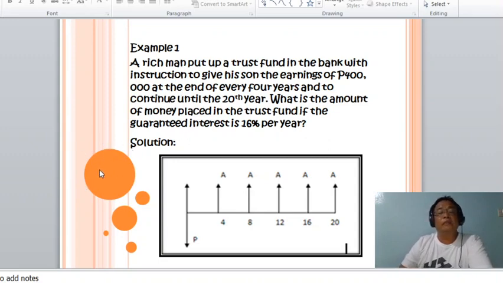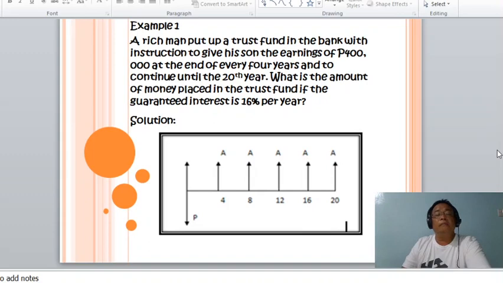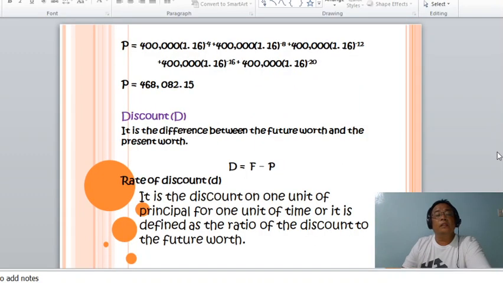So, that is every 4 years. So, the arrow upward is designated as A. So, every 4 years. So, from 0, 4, 8, 12, 16, and 20. Okay? So, clear. Okay? Next.